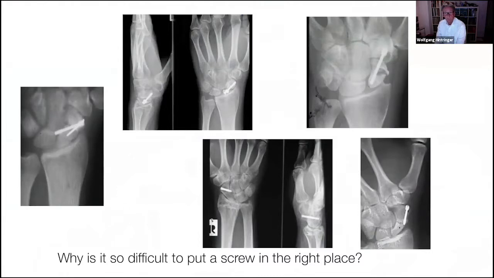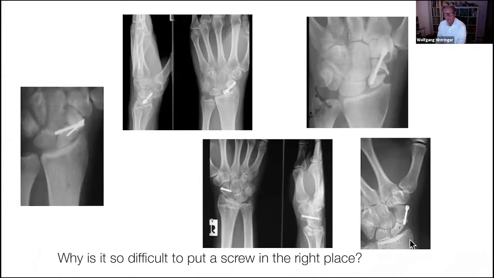So my first question is, you can see here a lot of not so good things. Why is it so difficult to put a screw in the right place in the scaphoid? You see here one in that direction, one through the trapezium, one very diagonal, one very short.